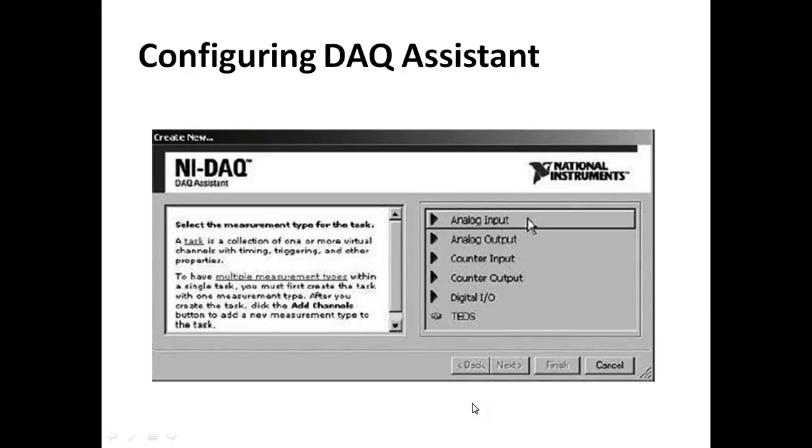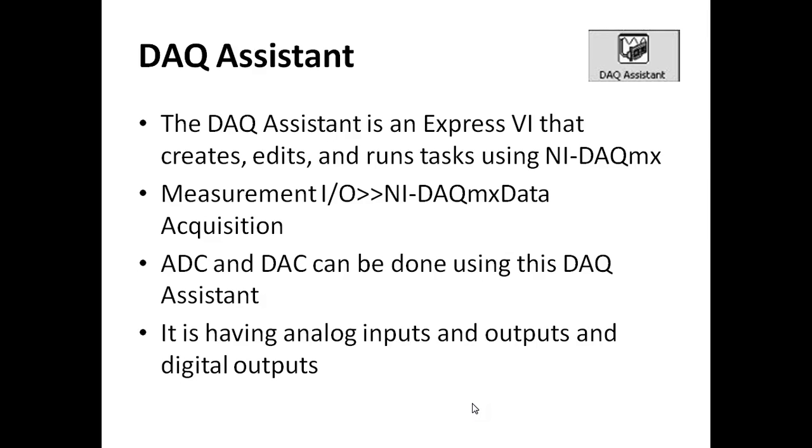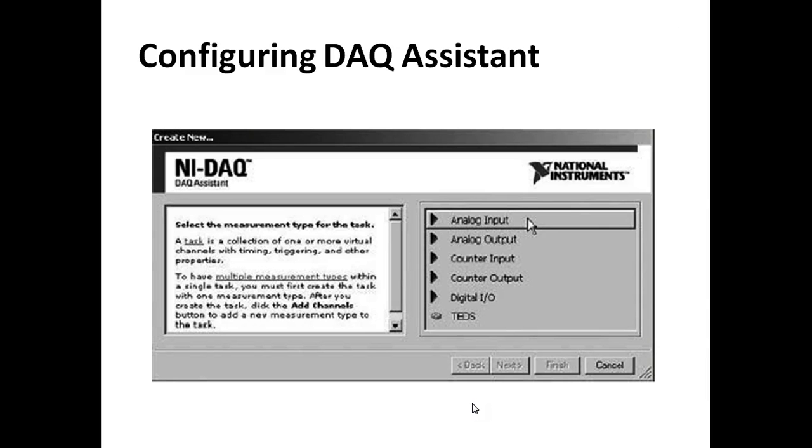Once again I can tell, we will be getting the DAQ Assist system from Measurement I/O, and if we take the DAQ Assist system, we will be getting an option like this. In this we have to select which parameter we are going to measure. So we can give analog input, analog output, or digital input output. Whatever we are going to do, we can give it here.